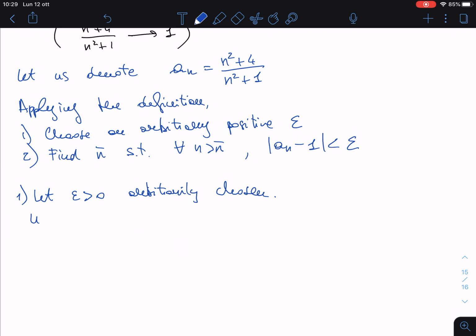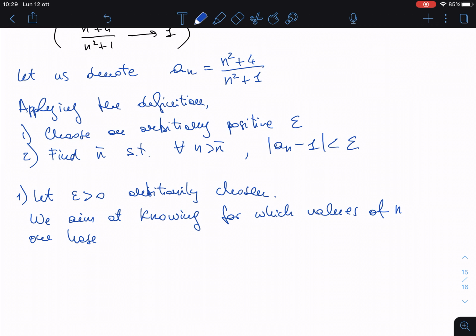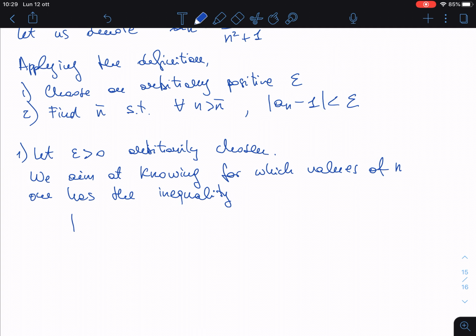Our aim is knowing for which values of n one has the inequality |an minus 1| less than epsilon.